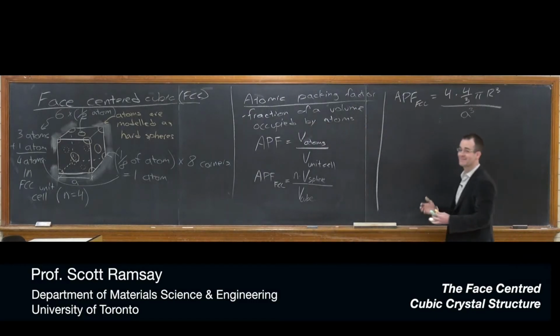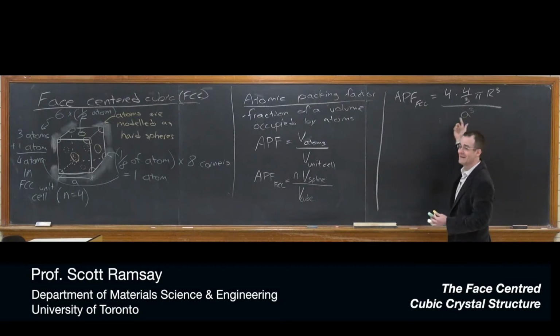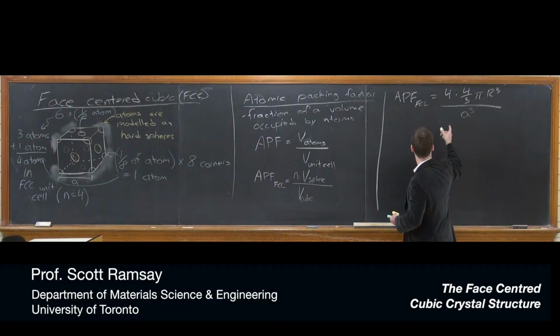But this is not a good place to stop, because you've got a pesky r up in the numerator and a in the denominator. So it's not very much use to us right now. We'd love to be able to cancel those out. So how could we do that? Well, by expressing a in terms of r.